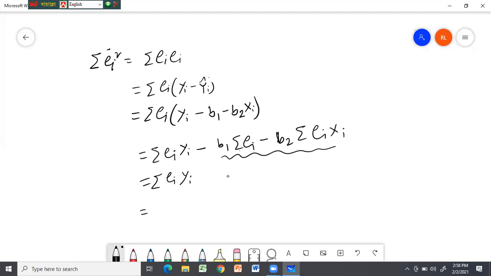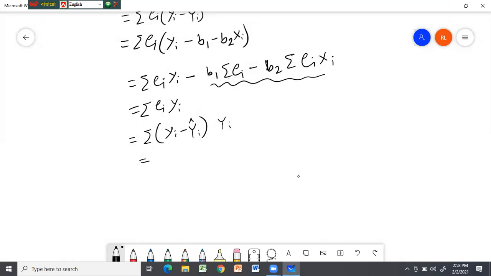So where you are actually going to multiply them, this ei means again yi minus yi hat. In here, this would be b2 into xi, okay?